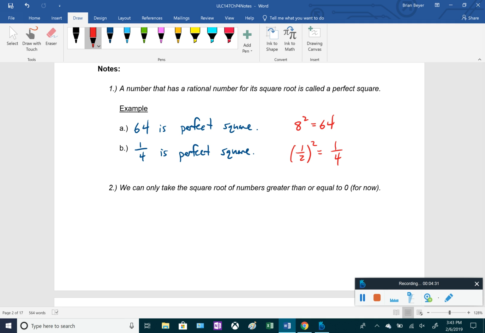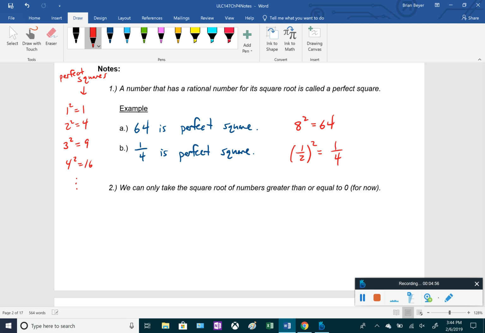If you wanted a list of rational or whole number perfect squares, they're pretty easy to list. You would just say 1 squared is 1. This right column here is going to represent the perfect squares. 2 squared is 4. 3 squared, 9. 4 squared, 16, and then you can keep on going.